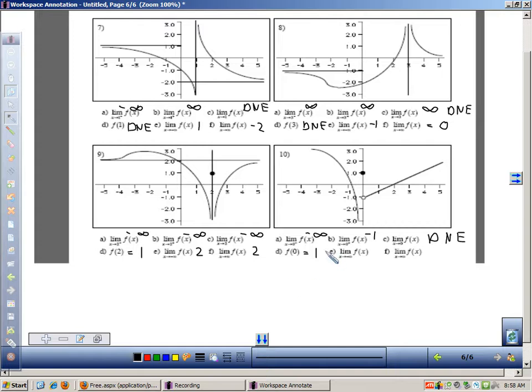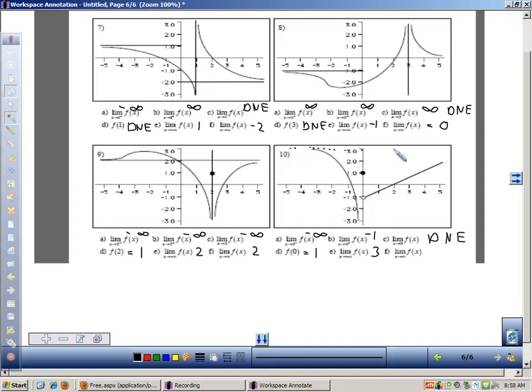As x approaches negative infinity, as we get larger and larger this way, this one I think is a little ambiguous. It looks like it could be 3. It looks like there could be a horizontal asymptote at 3, but they don't have one drawn in. If you said the limit was 3, I would be okay with that.